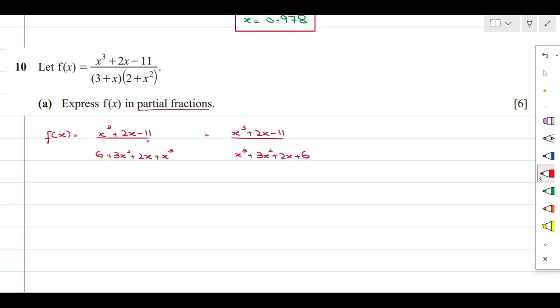You can see the degree of the numerator and the degree of the denominator are equal. The degree here is 3 and the degree here is also 3. When the degree of the numerator equals the degree of the denominator, that is an improper fraction.